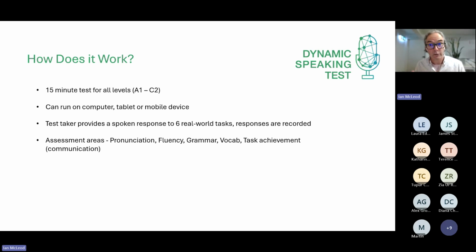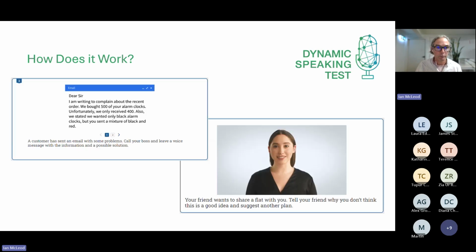It's a 15-minute test, really suitable across A1 right through to C2, runs on all your expected devices, computer, tablet, or mobile, and the main focus of the test is 6 real-world tasks in which those responses are recorded, testing pronunciation, fluency, grammar, vocab, and task achievement, specifically around communication.